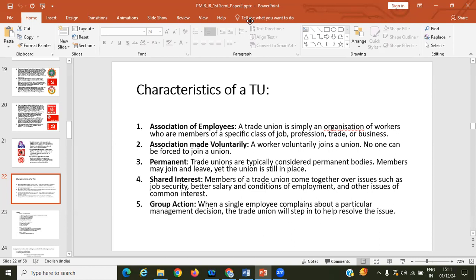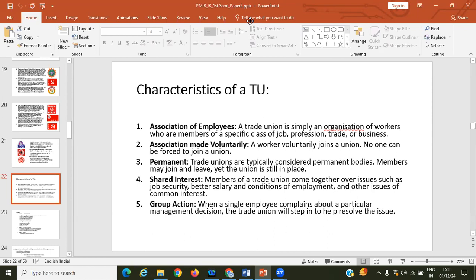Once you are joining, there is another characteristic, another feature: permanent. Trade unions are typically considered permanent bodies. Members may join and leave, but the union will still be in place. It's like the company concept you understood, there is no end to it. Whenever a person leaves or dies, that doesn't mean the trade union will die.